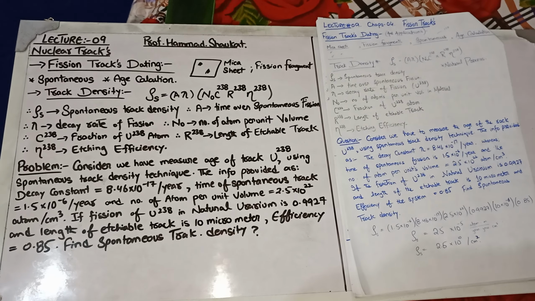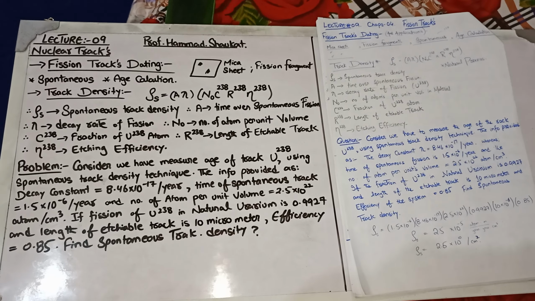So there is a problem we have to solve to find the spontaneous track density. Consider we have measured the age of a rock using uranium-238, using the spontaneous track density technique.